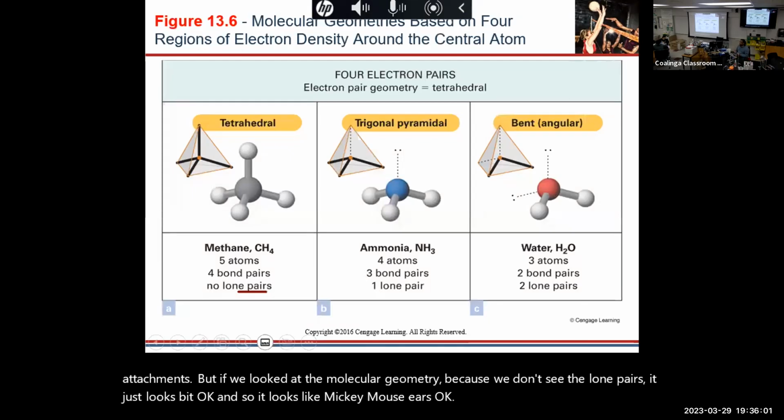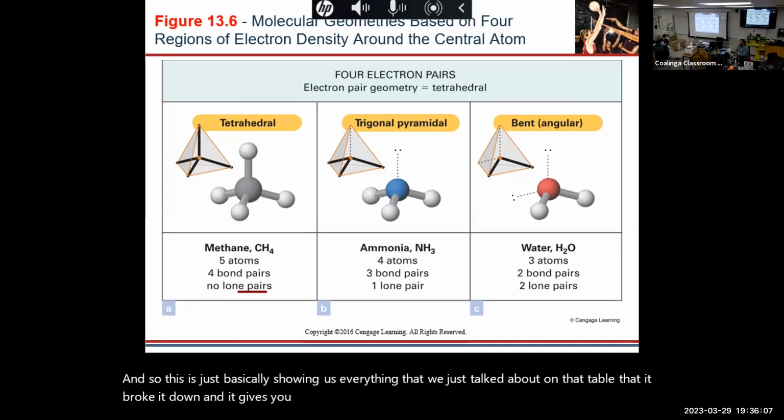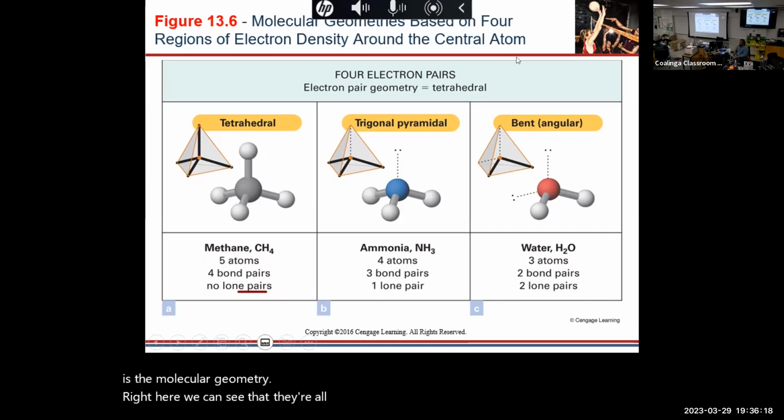So this is just basically showing us everything that we just talked about on that table. It broke it down, and it gives you examples of different compounds that show that. Up top, this is the molecular geometry. Right here, we can see that they're all 4 attachments.